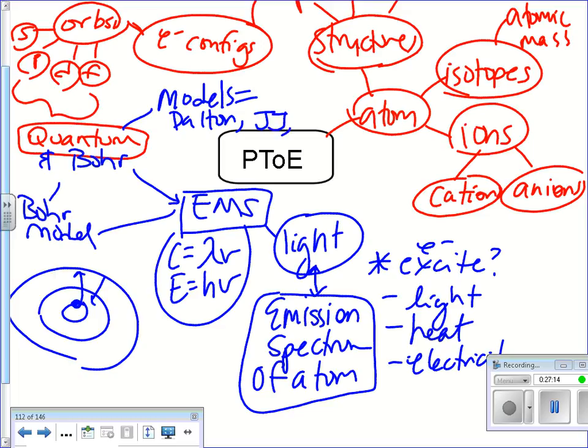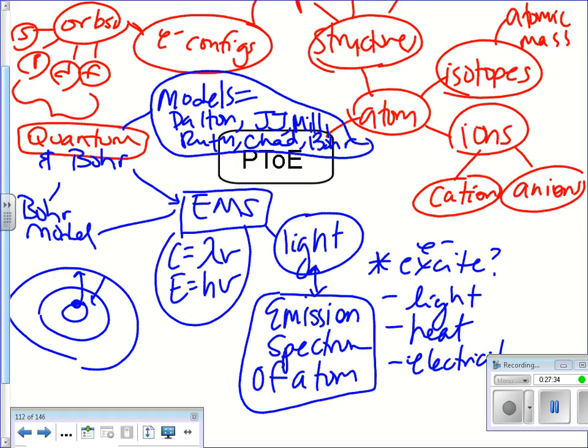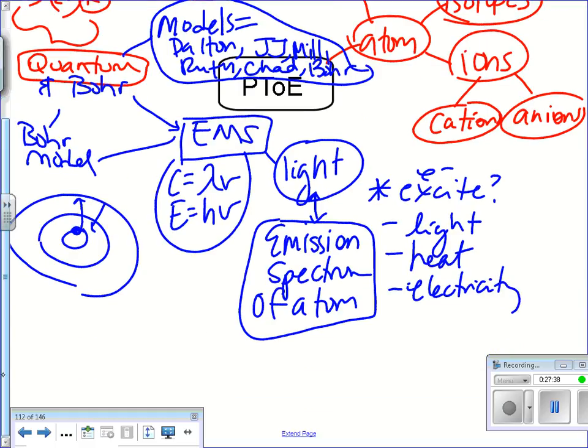Who's after J.J.? It starts with an M. Oil drop experiment, right? So Millikan. Then Rutherford. Then Chadwick. And then Schrodinger, or Bohr and Schrodinger, right? So we've learned a lot about them too, but we were pretty much pros on their models, I think, because we were those people on Monday, so we should know.